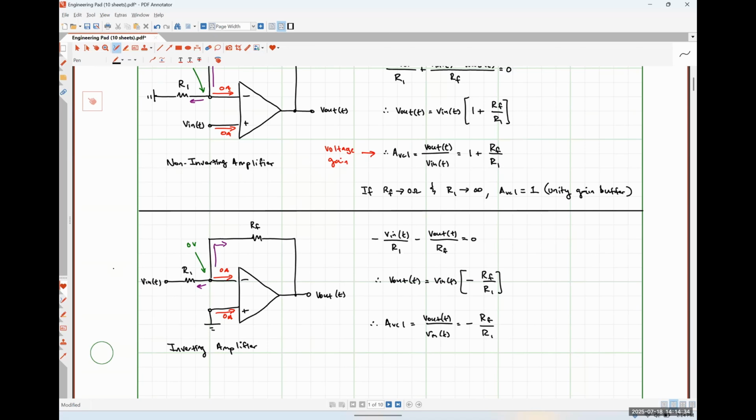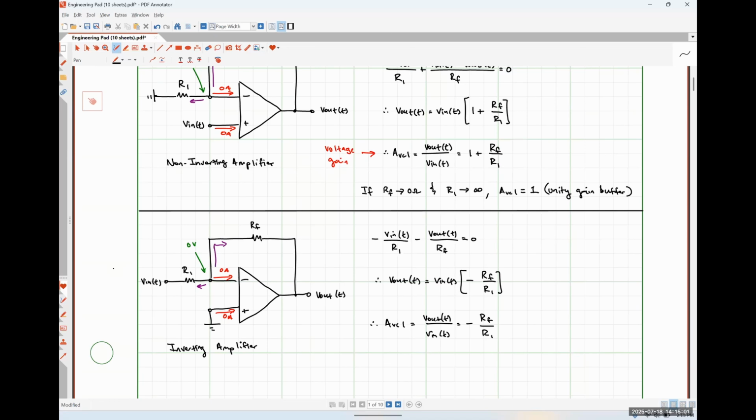Okay. There's not an extra factor of 1 plus anything here either. It's literally just the ratio of resistances. So it is very, very easy to design systems for specific gain values using an inverting amplifier where we don't necessarily care that the polarity of our output signal is opposite that of our input signal.